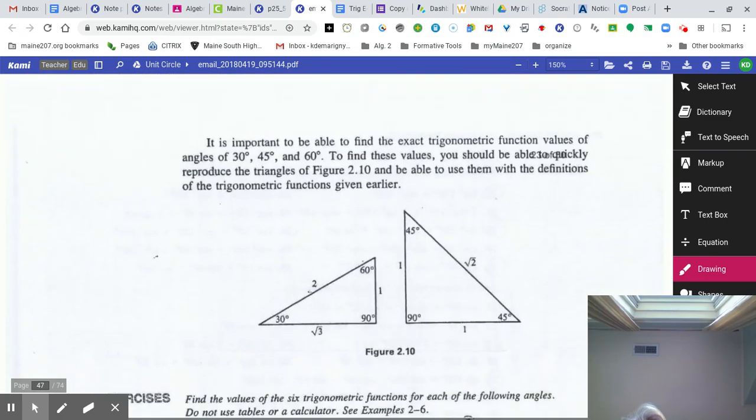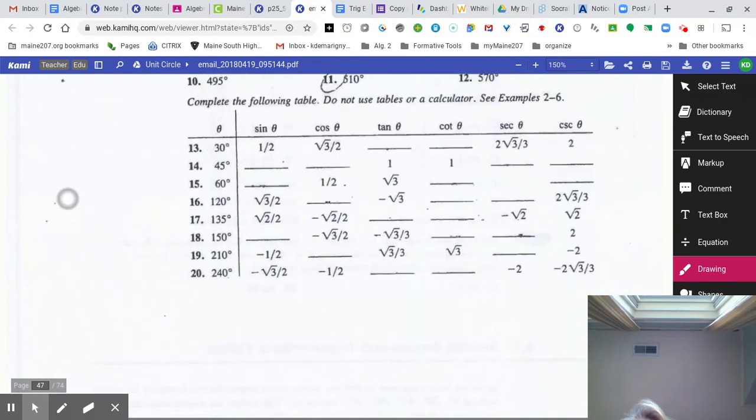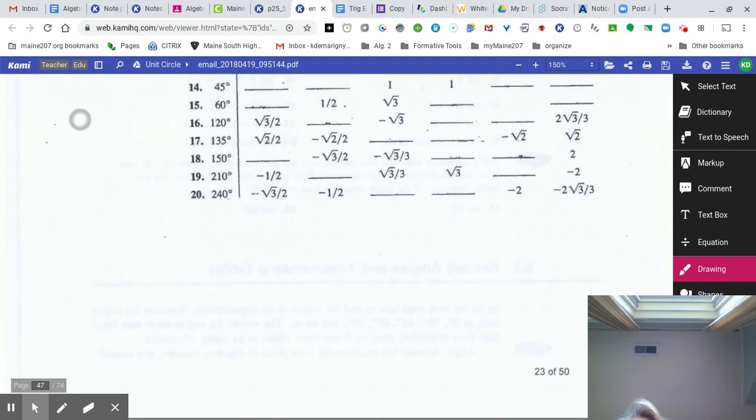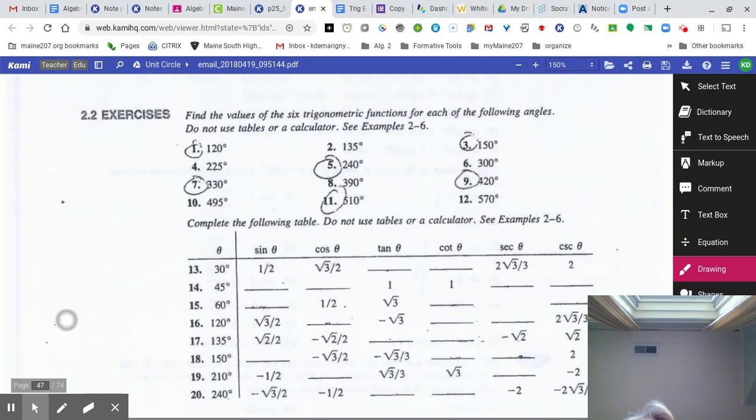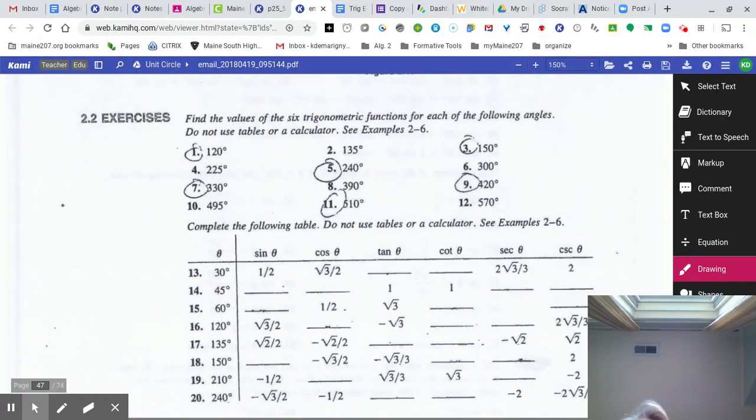All righty, so the last thing that I'm going to ask you to do is to go to this page. It'll say it's page 23 of 50. And so we're going to ask you also to do this one. We'll do this exercise also, 1 through 11 odd.